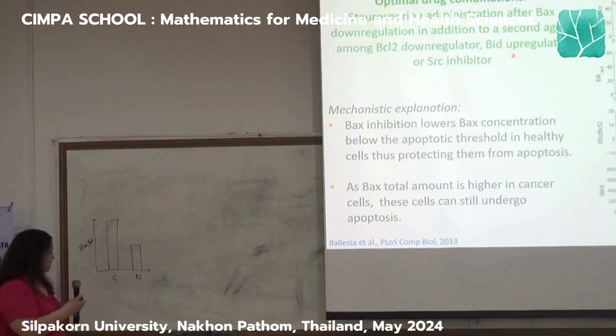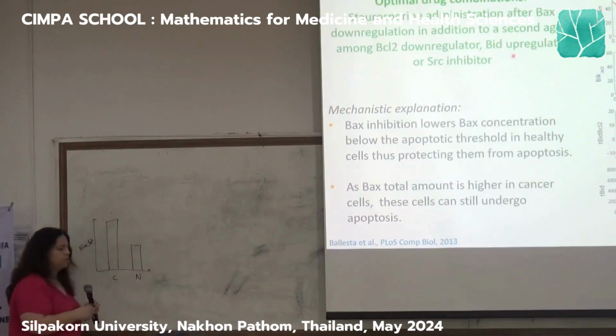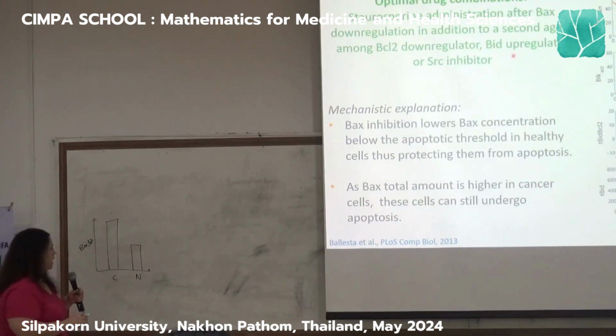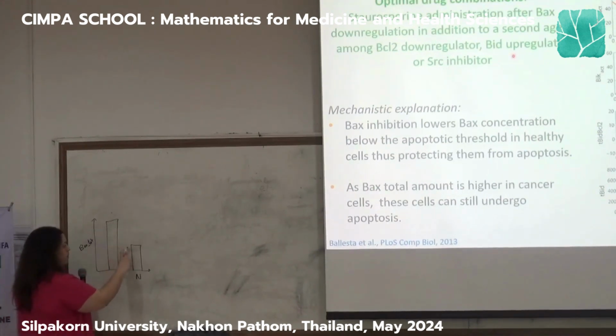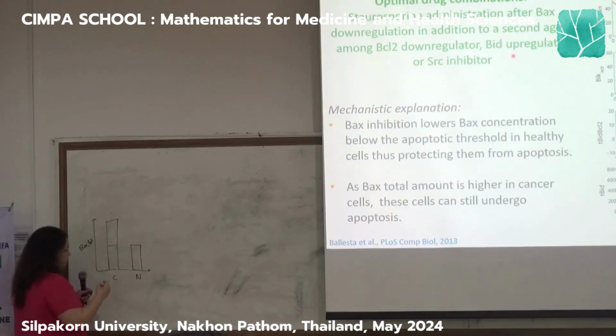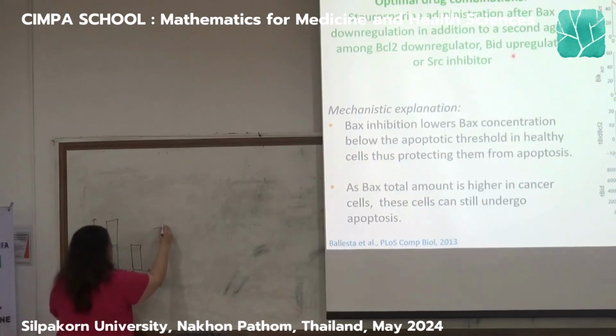And then what we have said is that when you give some drug, you will lower the quantity by the same amount, meaning that for the normal cells, the BAX will go to 0, and for the cancer cells, it will go to some non-zero values. Now, if you put the BAX inhibitor, the green will give you the BAX inhibitor.